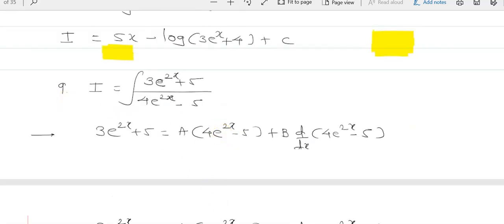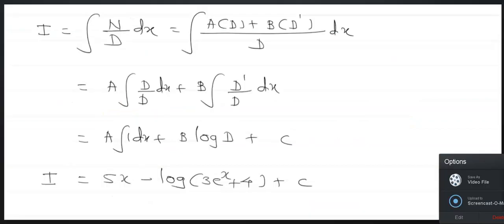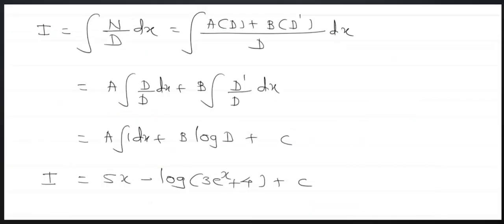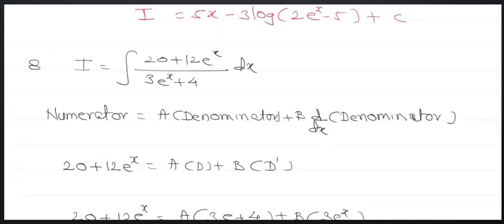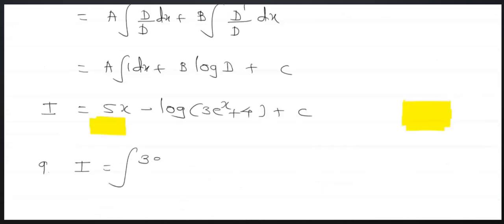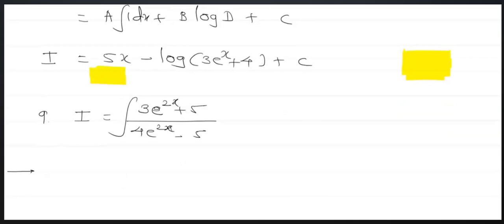Now the question number 9. That is integral of 3 e raised to 2x plus 5 upon 4 e raised to 2x minus 5 dx.